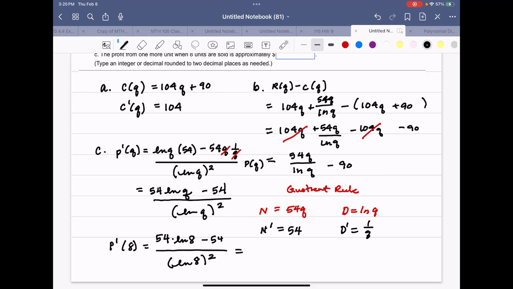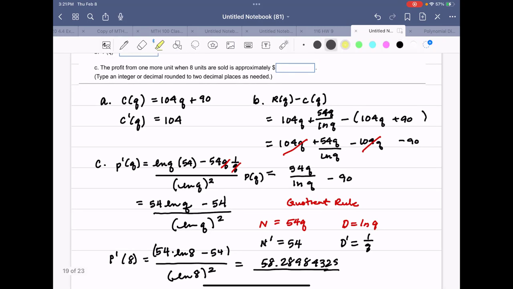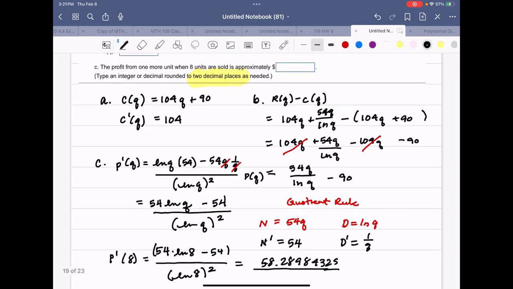So if you want to get this right, you either have to put parentheses around the numerator if you want to put the whole thing in once, or what I usually recommend is just get a number for the numerator. 54 times the natural log of 8 minus 54 gives me 58.28984325. I usually write as many places as my calculator shows, and then at the very end I confirm how many places I need. In this case it's 2.